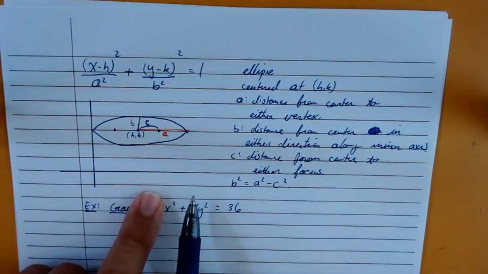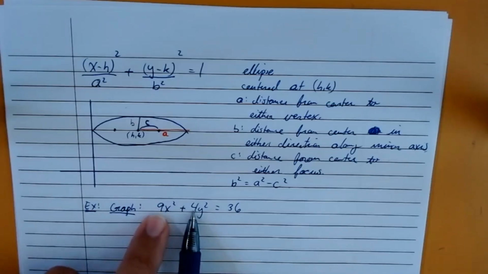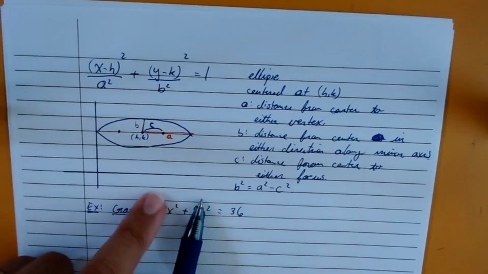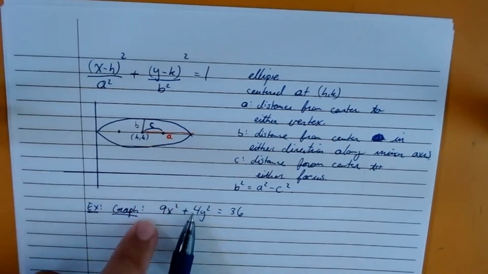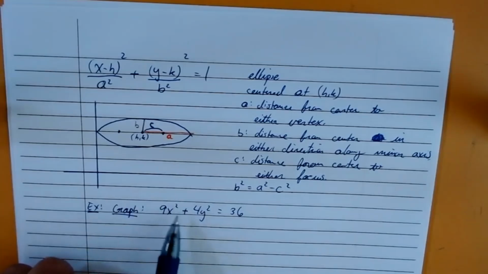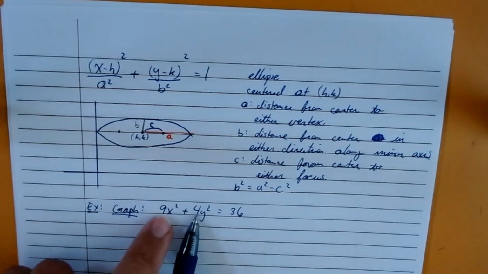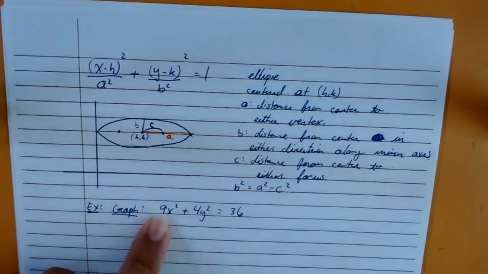X squared plus y squared equals 36. The fact that these numbers are different is what tips you off to this being an ellipse. The ellipse and the circle will both have something squared plus something squared. The difference is with the circle, these numbers are either not going to be there, or if they are there, they're both the same, 4 and 4 or 9 and 9. But if these numbers are different from each other when you're adding, that's what tells you it's an ellipse.